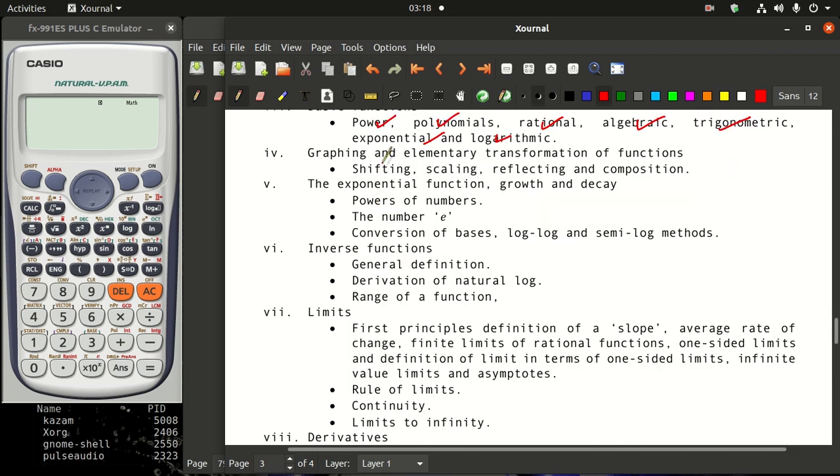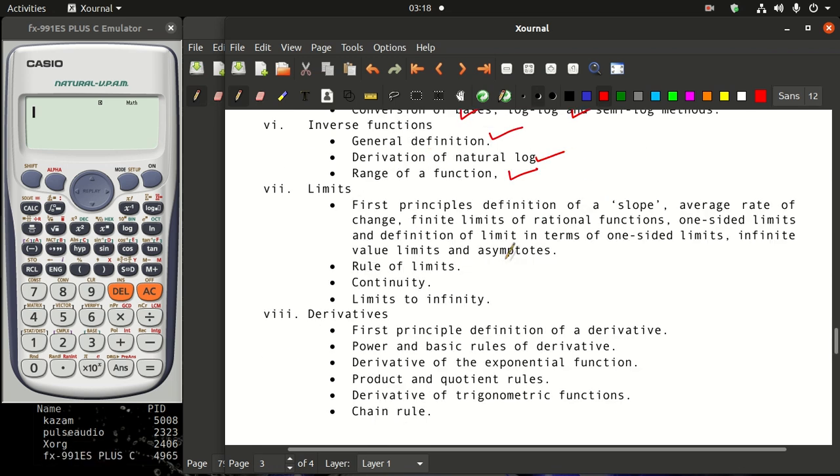We shifted functions, we scaled functions, we reflected functions, we talked about compositions, power of numbers, the number e, conversion of bases, and log functions, log, semi-log, and all the laws of logarithms. Inverse functions, general definitions, and then the definition of a natural log, range of a function, we talked about that.